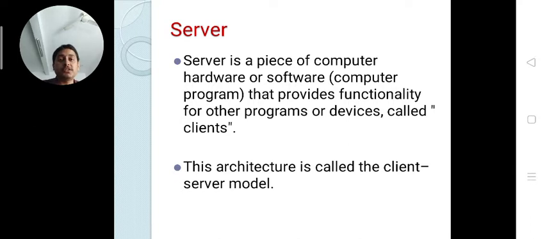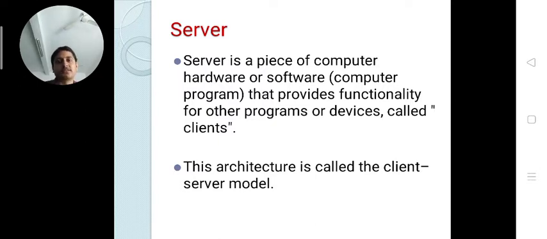The same concept is used on a network also, where a computer is made available to serve resources to other computers connected on that network. That computer which is responsible to serve, to fulfill the requirements of all computers, which is available to listen to the queries of all computers and respond accordingly, is known as a server.